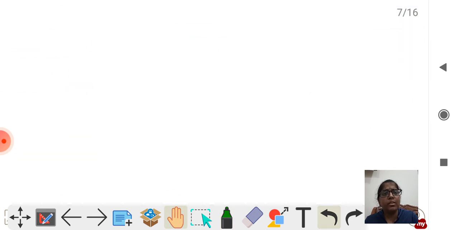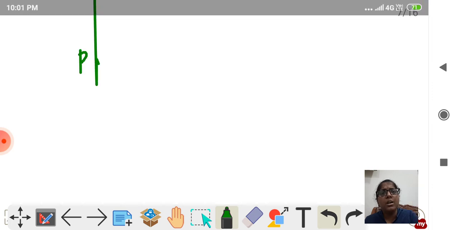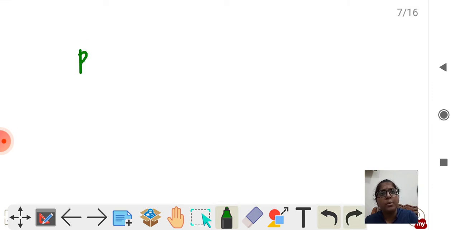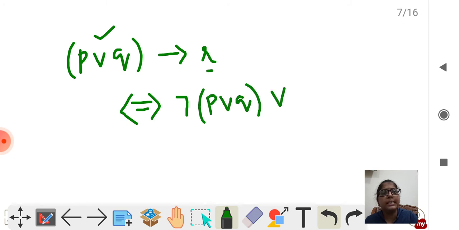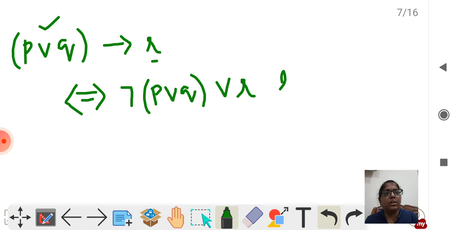P or Q implies R is logically equivalent to the negation of the first statement, that is P or Q, and R, the second statement. So these two are logically equivalent. How? By the result we already have.